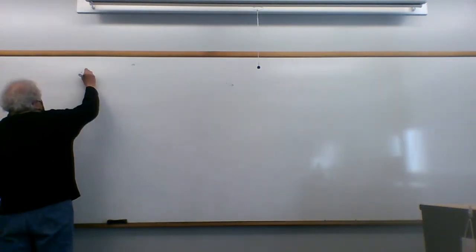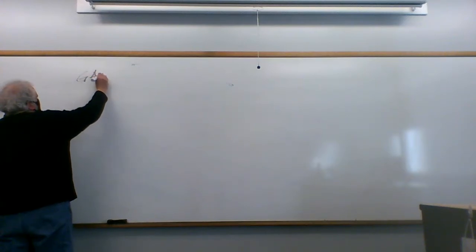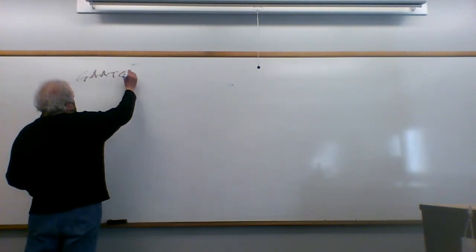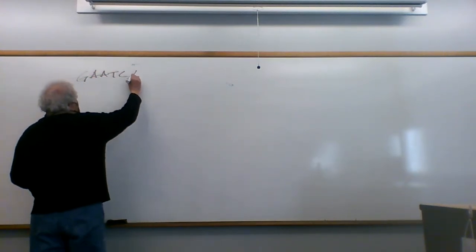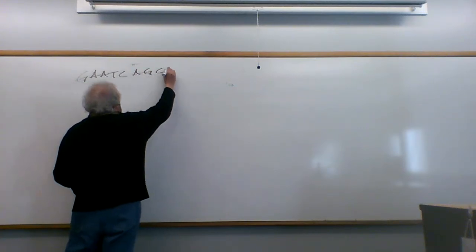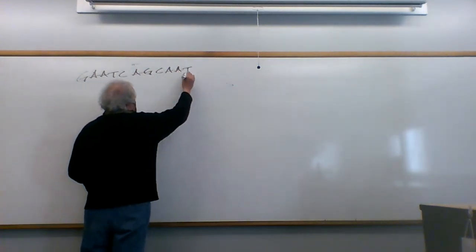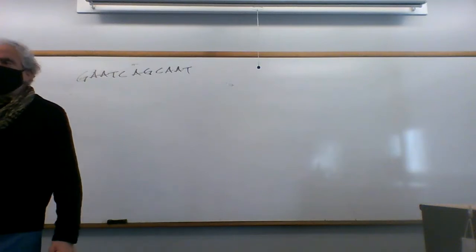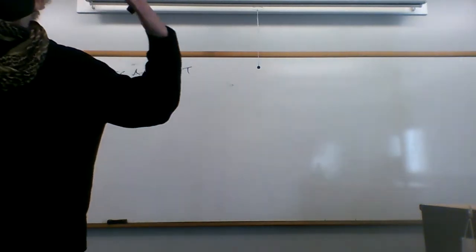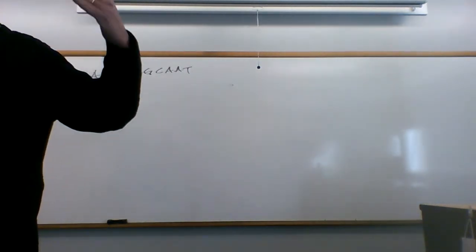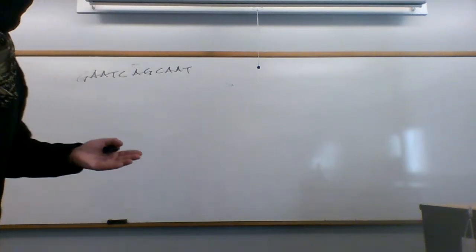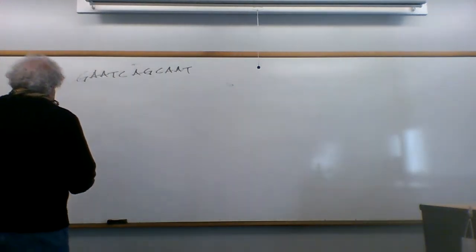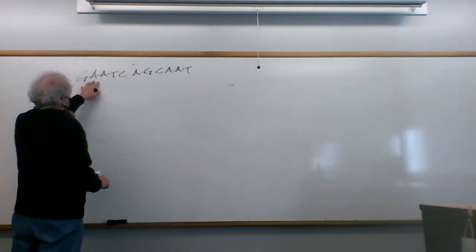So we have G-A-A-T-T-G-A-A-T-C-A-G-C-A-A-T. This is a sequence. That is going to be the sequence we'd use for the 3 forward reading frames. And so we just go through and identify the 3 possible reading frames.